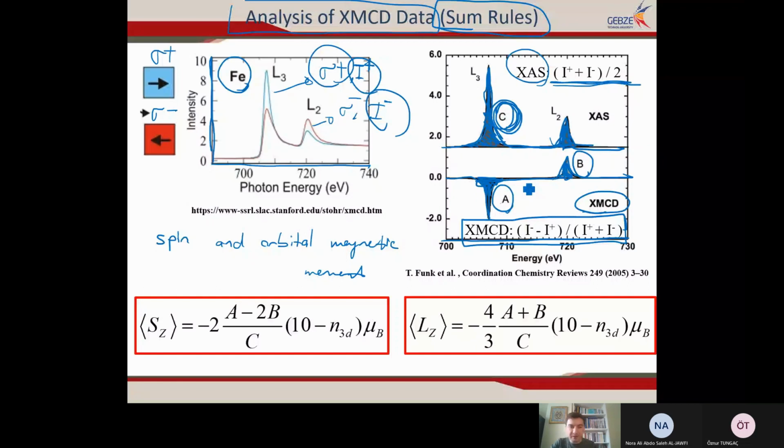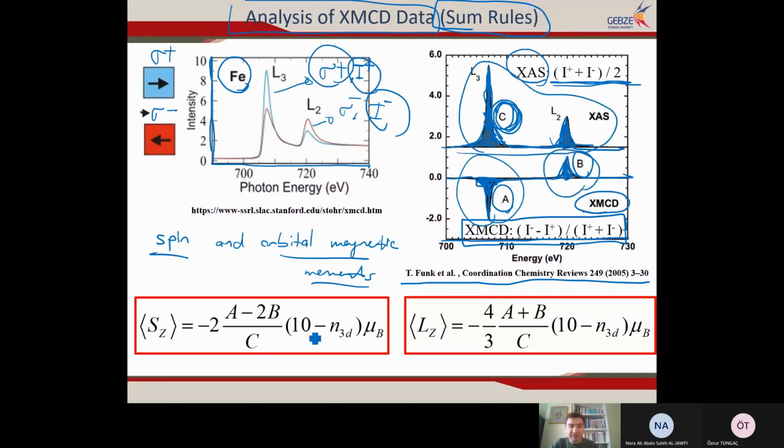Here we have the spin magnetic moment. How do we calculate this one? It is given by this equation. You can see the details in this article. It is minus 2A minus 2B, where A is the area here and B is the area here, over C, where C is the total area in the XAS. Put them here. And here we have 10 minus N3D. What is N3D?